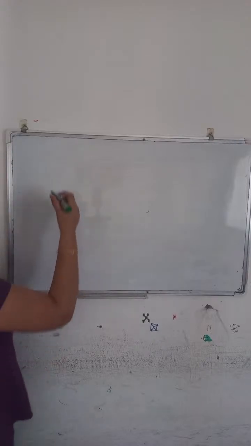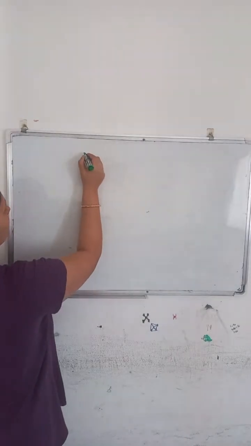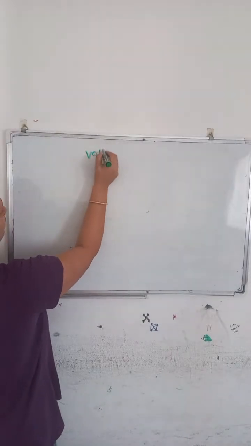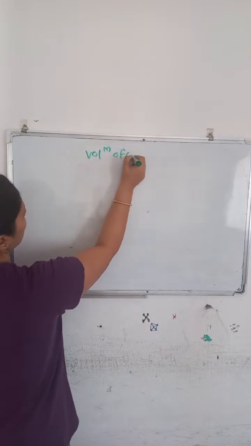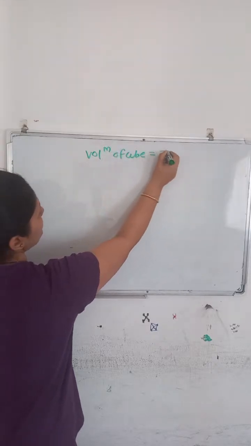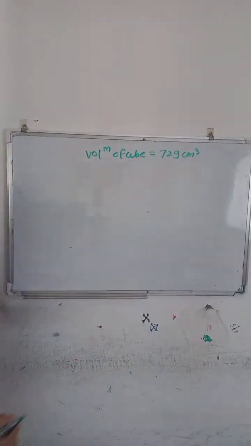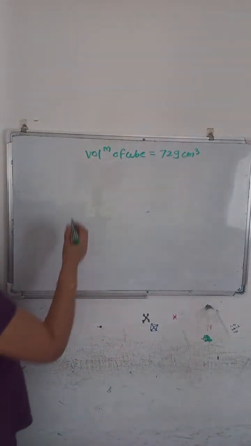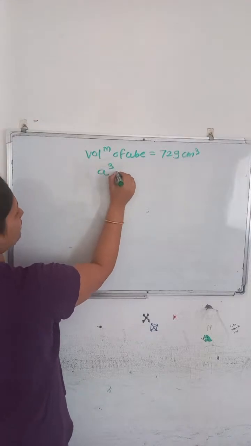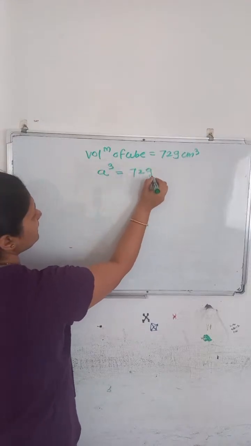So here they are saying the volume of the cube is 729 centimeter cube. Okay, and we know that the volume of the cube is a cube, that is 729.